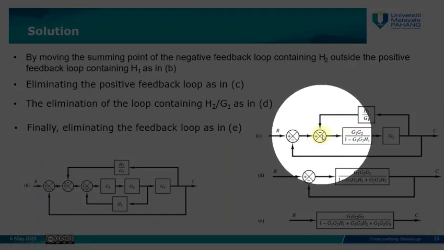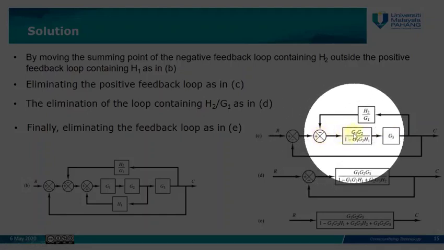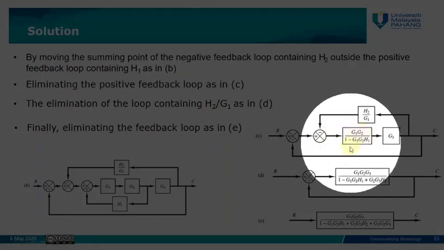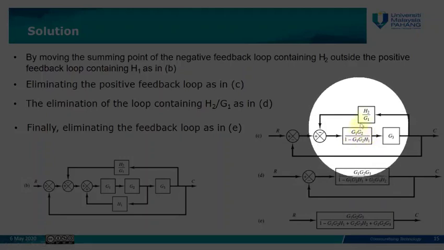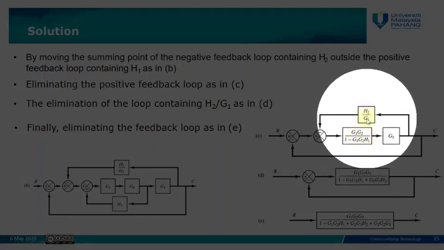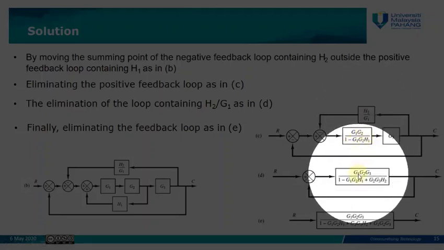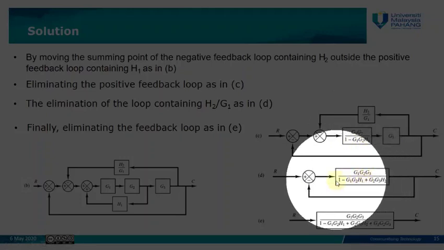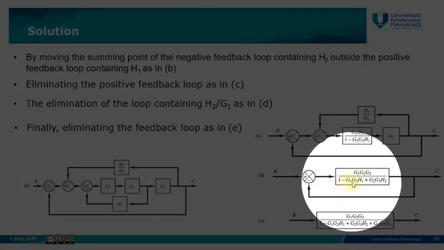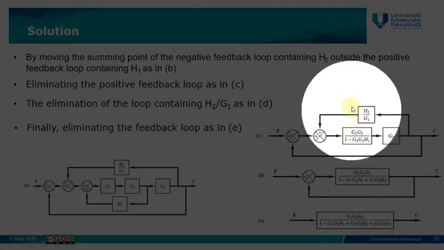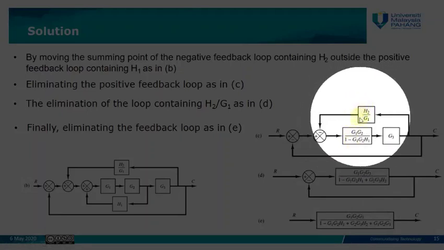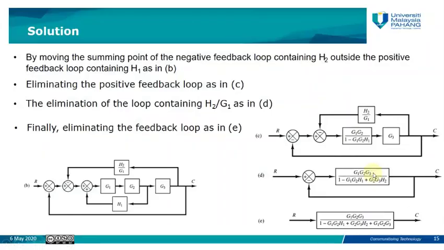The transfer function is G1, G2, G3 over 1 minus G1, G2, H1, and the feedback value is H2 over G1. So the new combination of this function will be G1, G2, G3 over 1 minus G1, G2, H1 plus G2, G3, H2.